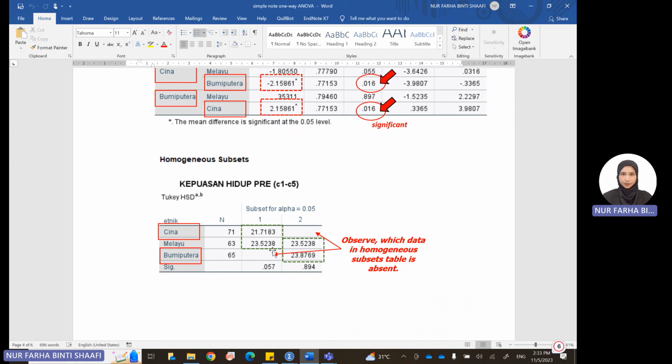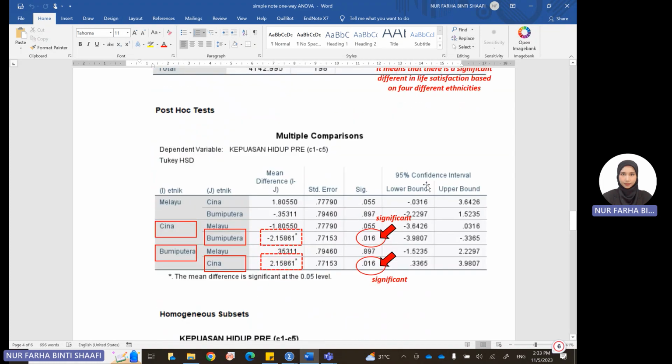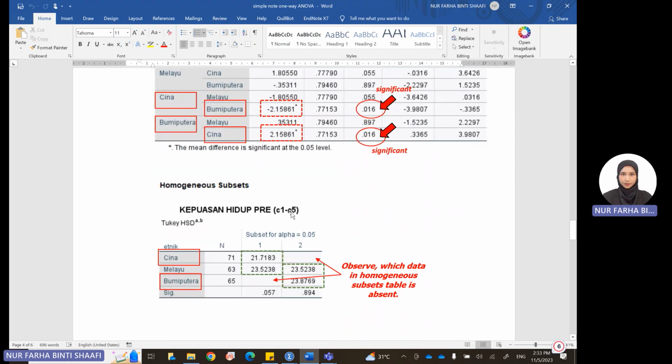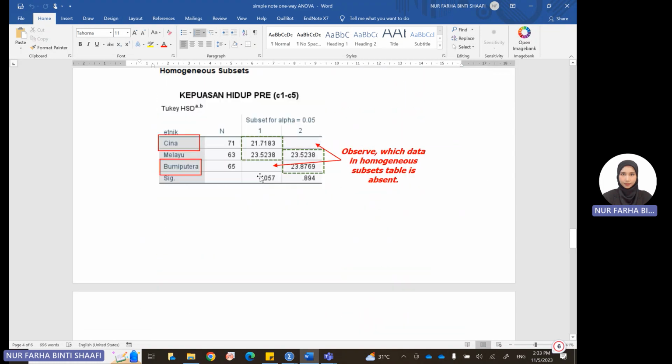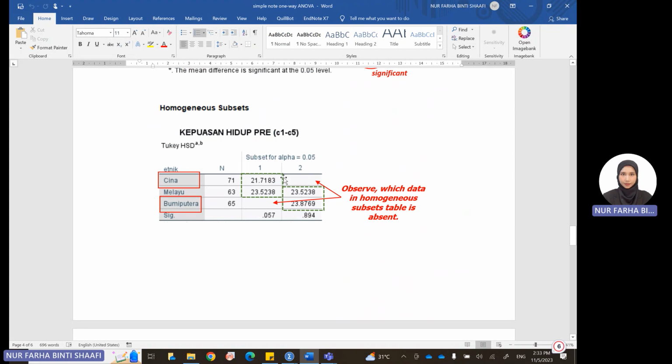Okay, so this is just the conclusion table. You can see from up here actually. From here you have your result already. All right, so this one I think no need lah. It's just the conclusion table.